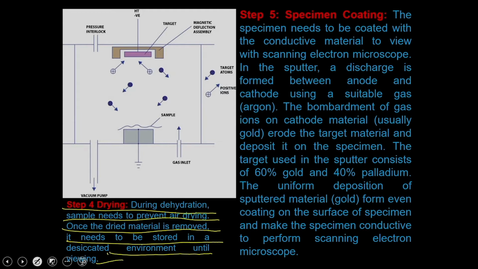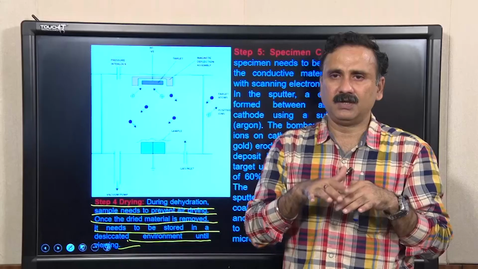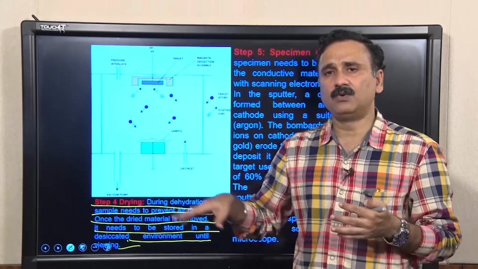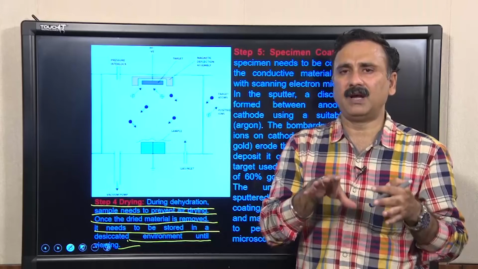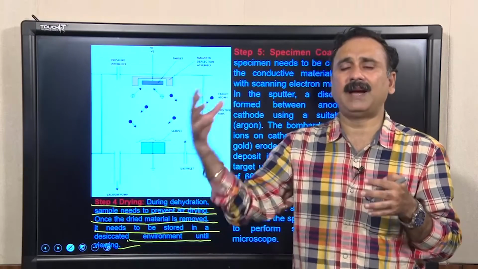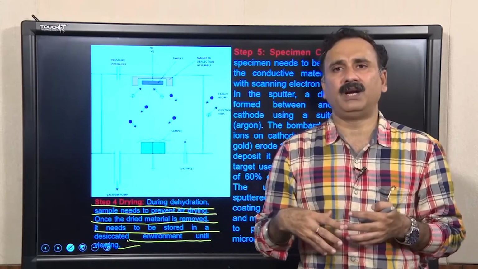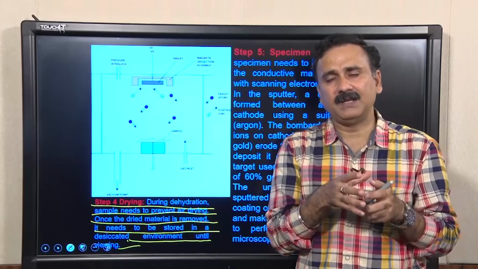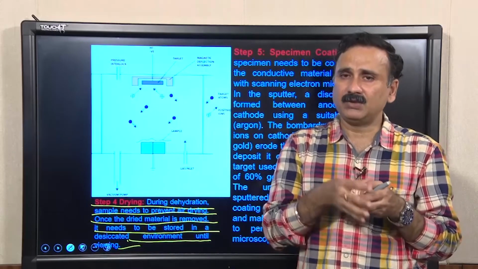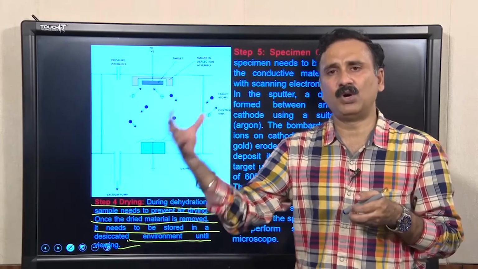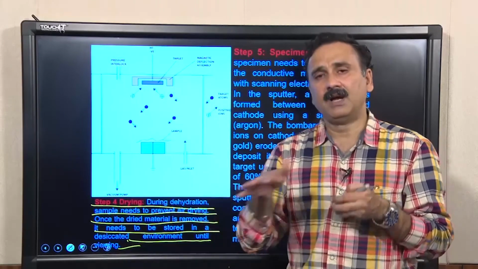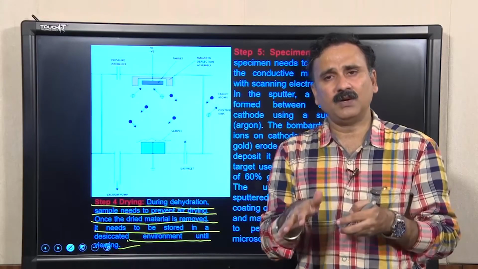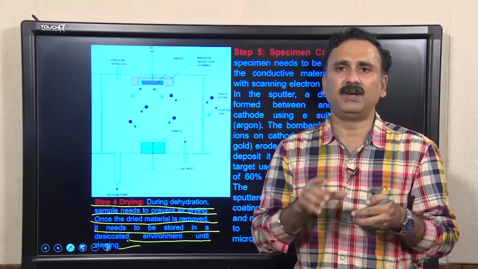This means once your sample has been dehydrated, you have to do a drying under the vacuum, and then you have to keep the sample under the vacuum so that it does not capture moisture from the atmosphere. Because your sample is now dehydrated, it has a tendency to capture moisture from the atmosphere, and that is why you have to do a drying step.